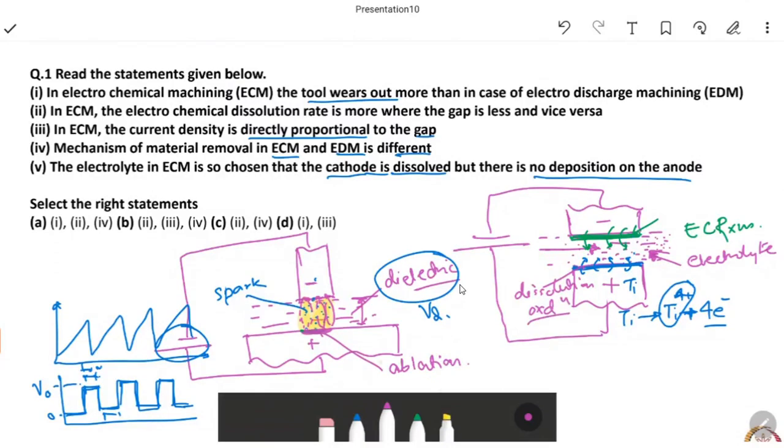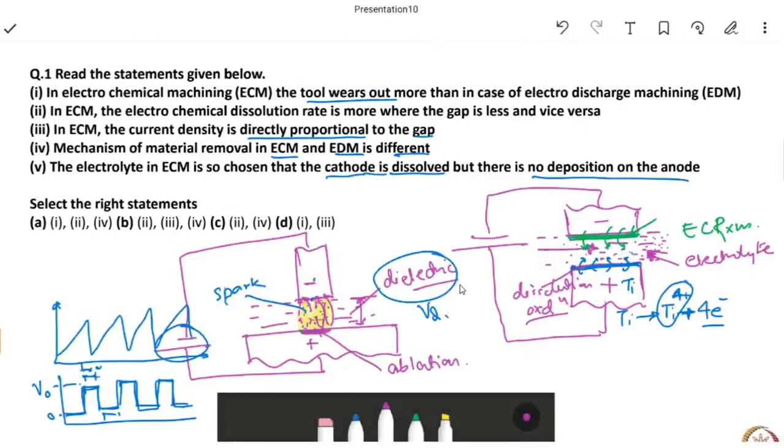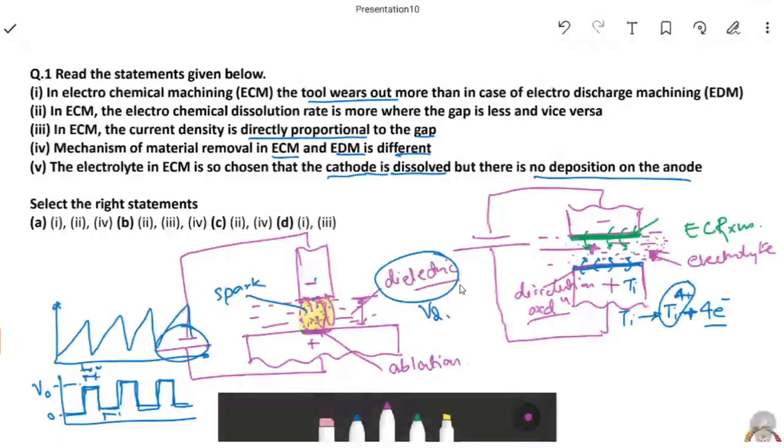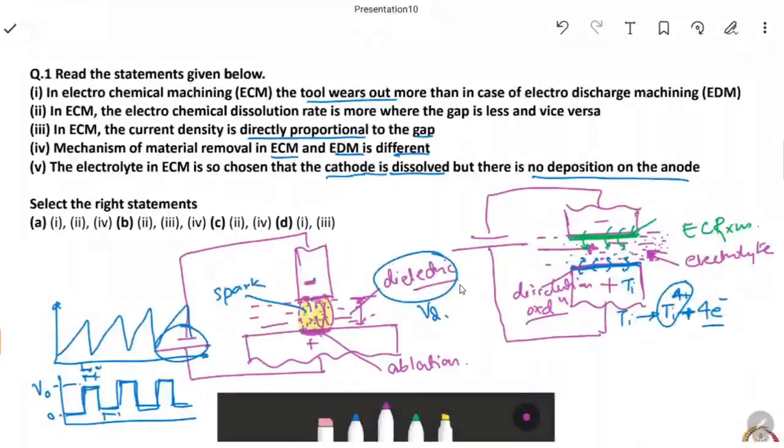Ablation is a phenomenon where, by providing energy beyond the amount required for melting and vaporization of a material, a larger volume of material gets removed from here, and smaller volumes also get removed from the tool material. So ablation occurs both at the workpiece surface as well as the tool surface, and you can't control it.